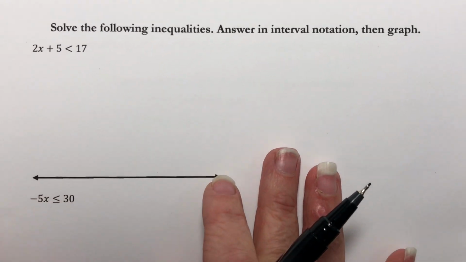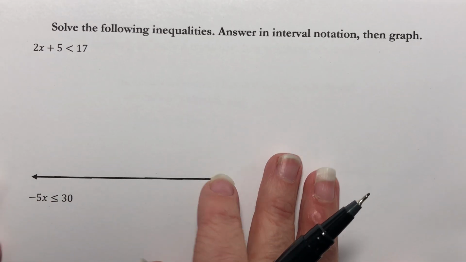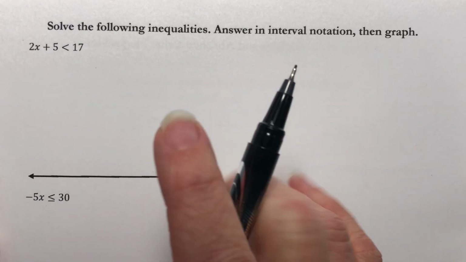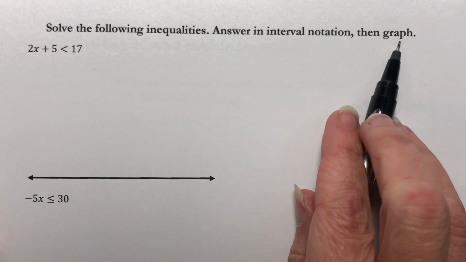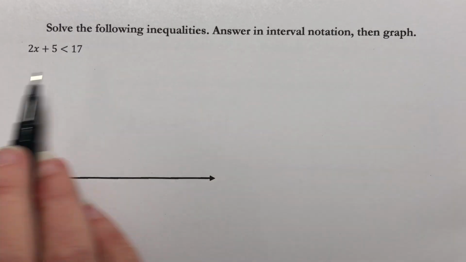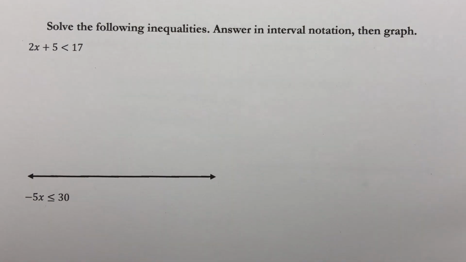Okay, so let's talk about how to solve inequalities. We're always going to write our answer in interval notation, and then we're going to graph it. Our basic rules for solving these are the same as they are for solving an equation, with one major exception.